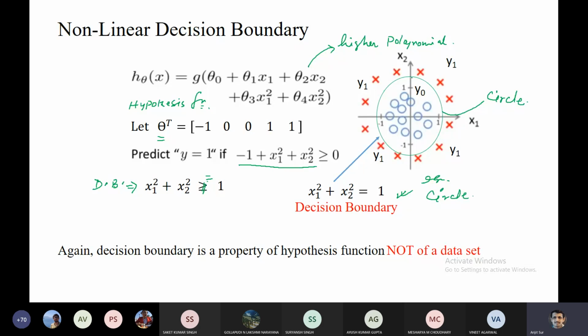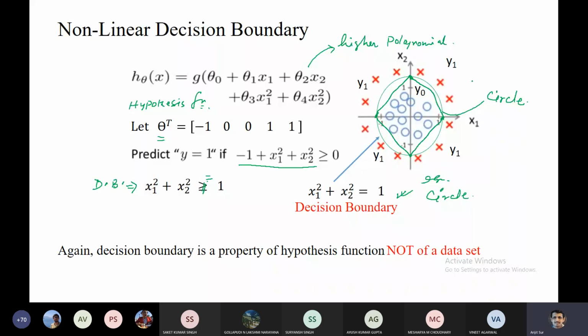For example, if you just join these two points, this is linear, so this may be another decision boundary. It's not a circle. So it depends on how you define your hypothesis function.